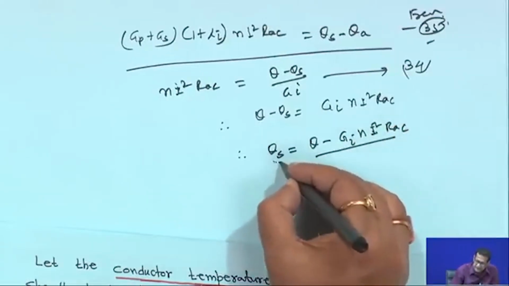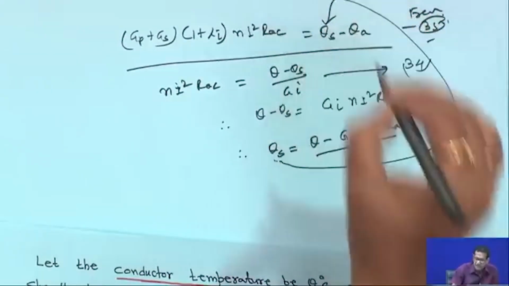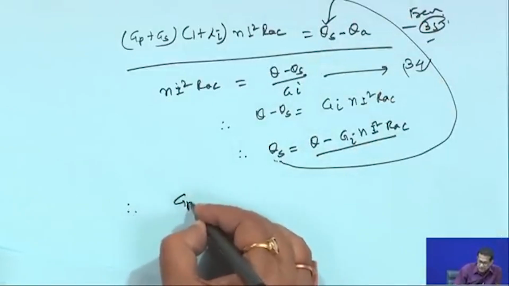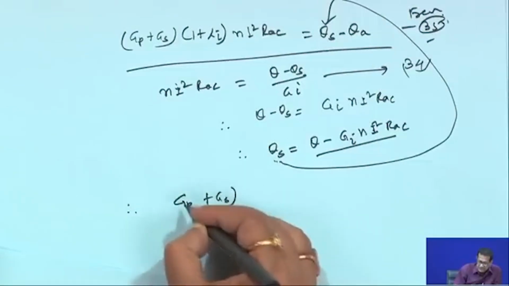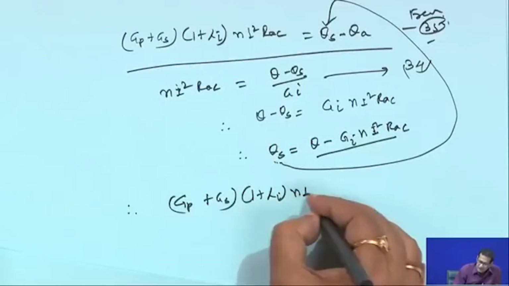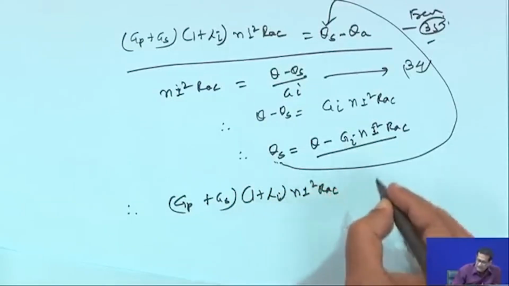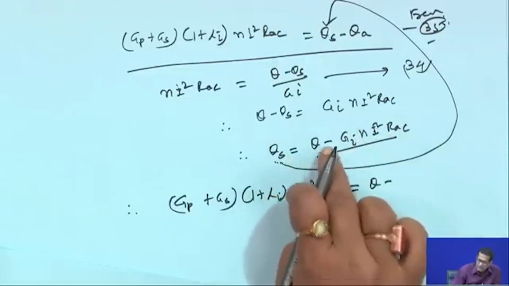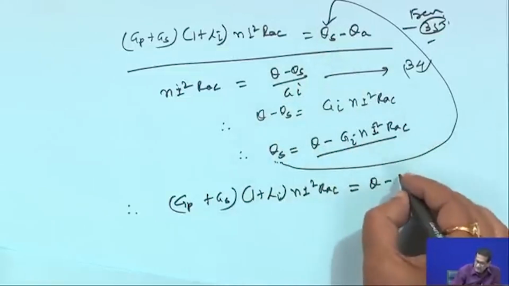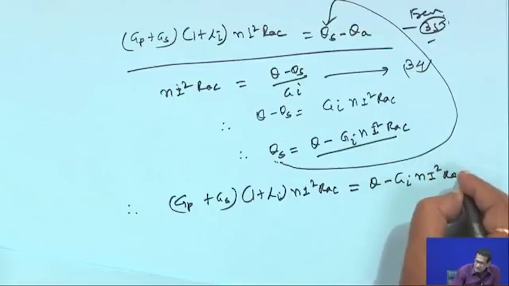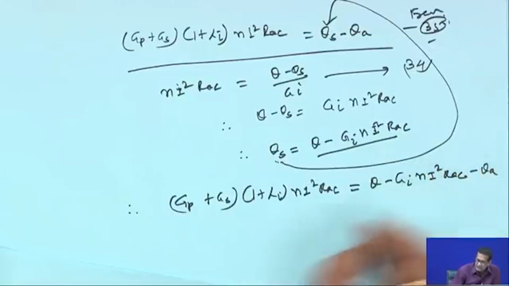This theta s you bring it here. Therefore, Gp plus Gs, then 1 plus lambda I, then n I square R A C is equal to theta, replacing theta s by theta minus Gi n I square R A C, minus theta a.